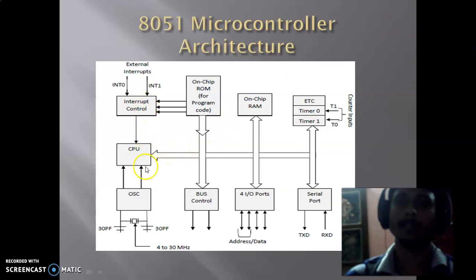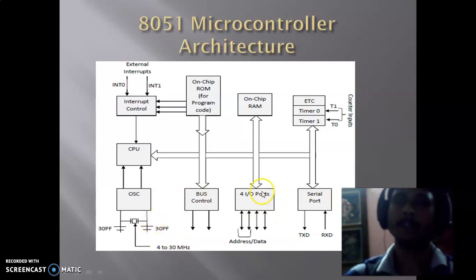And we have the oscillator that is connected with the microcontroller that will provide the system frequency. Generally, a crystal oscillator is used here to provide 4 to 30 megahertz frequency to the 8051 microcontroller.